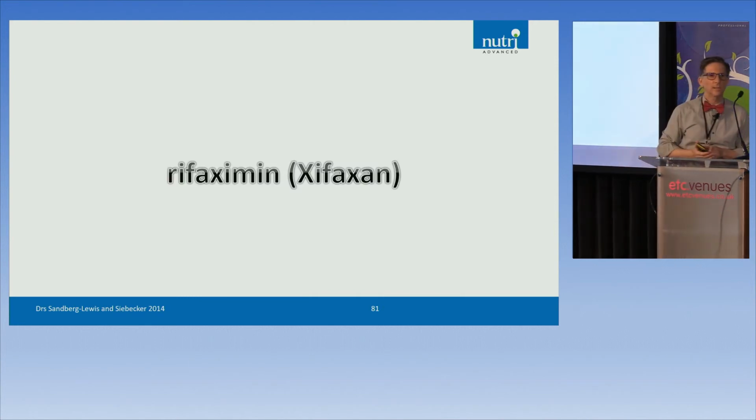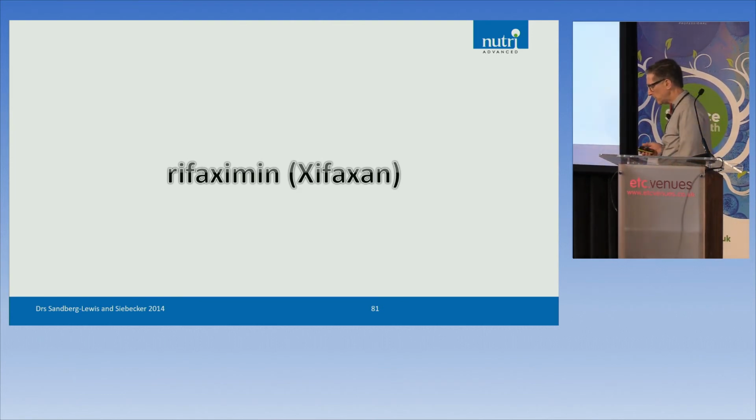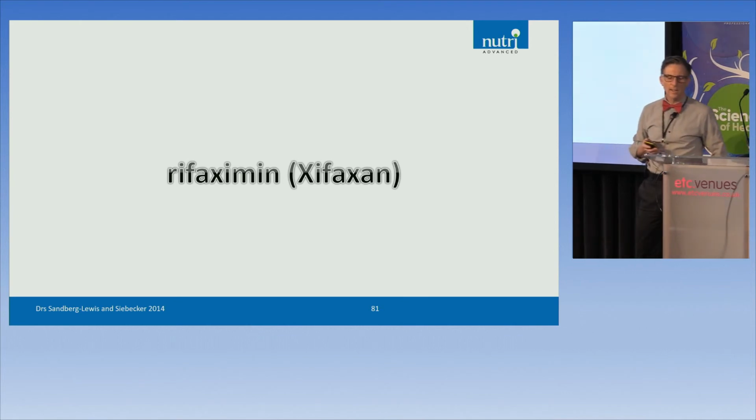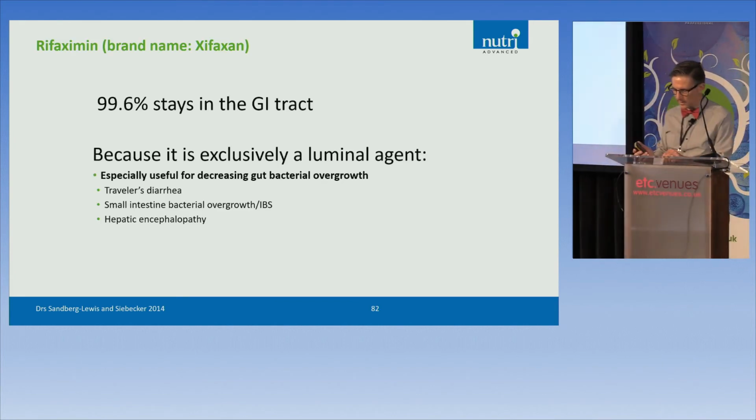All right, so let's talk about prescription medicine. Rifaximin, Xifaxan is the brand name, Rifaximin is the generic. This is a medicine that is unique because 99.6% of it stays in the gut. It's what we call a luminal agent.